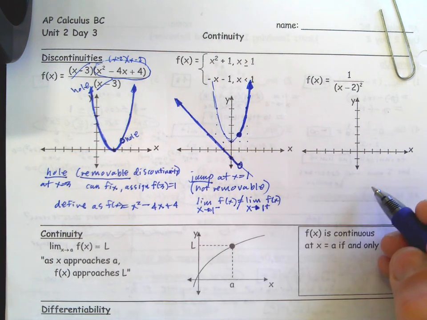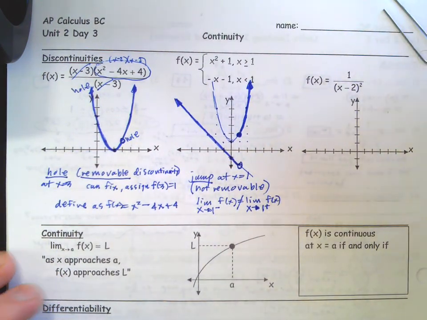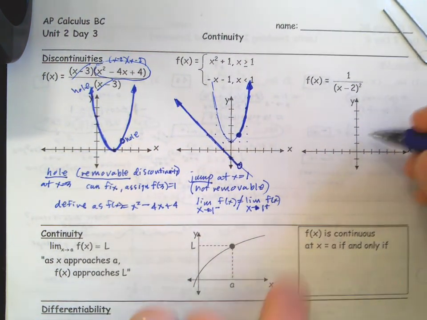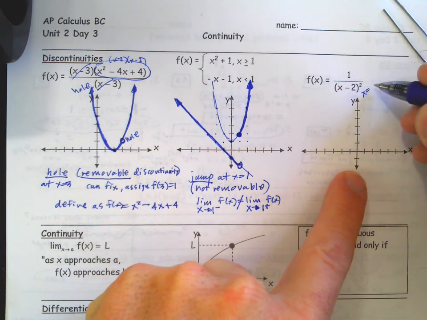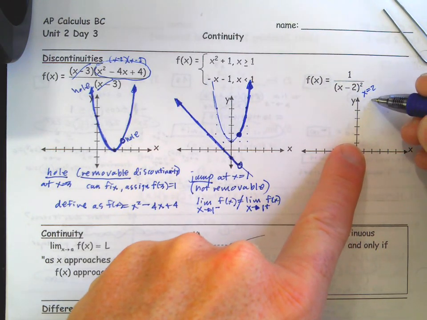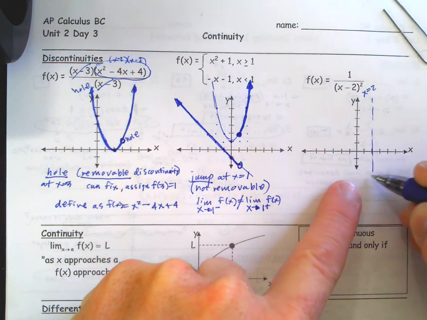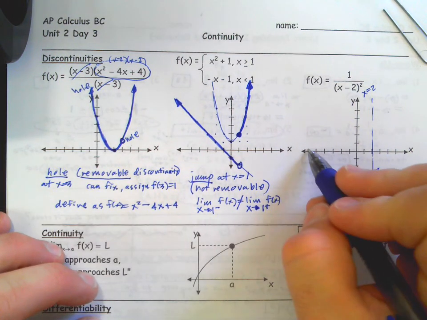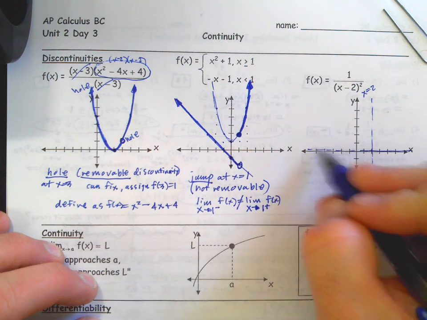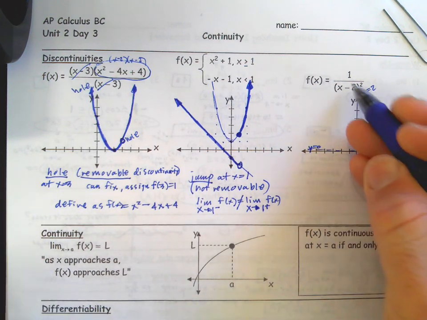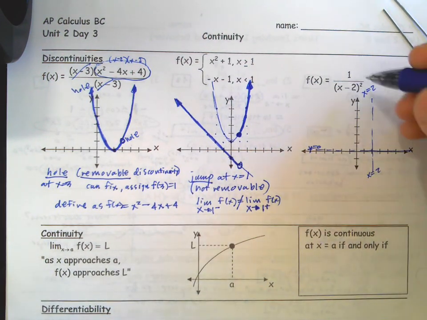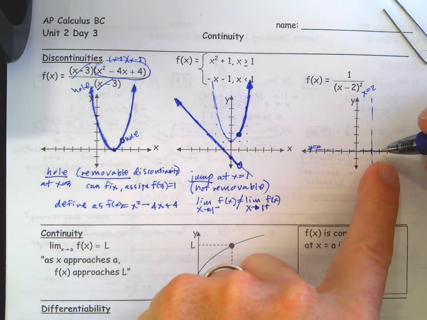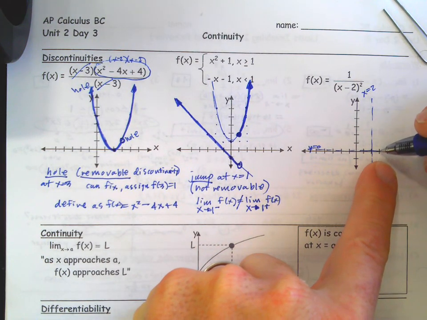So the next one is a rational function, and it has a vertical asymptote at x equals 2. So we draw that in. And then horizontal asymptote, y equals 0, as you go to infinity, goes to 0. Now, on either side, if you plug 3 in here, it'd be 1.